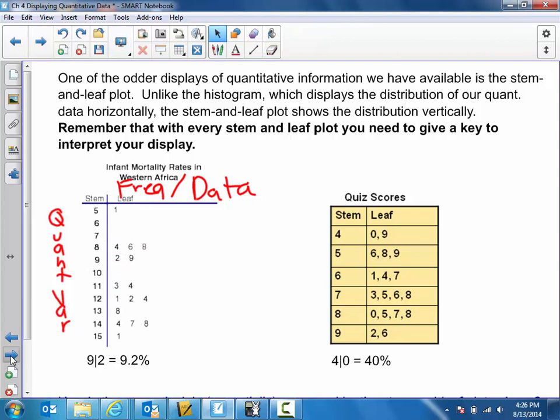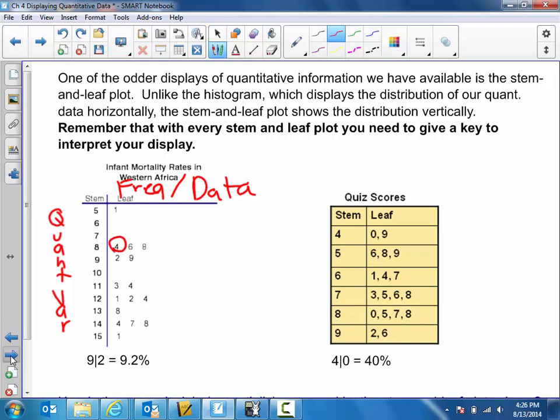I know, given a key at the bottom of this stem and leaf plot, that a 9 next to the stem 2 represents a 9.2% infant mortality rate.